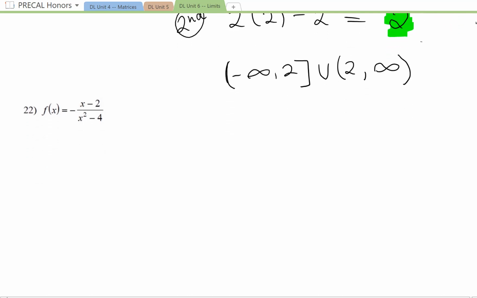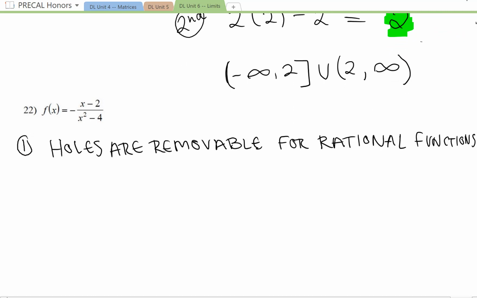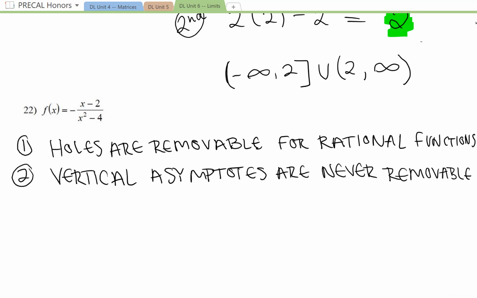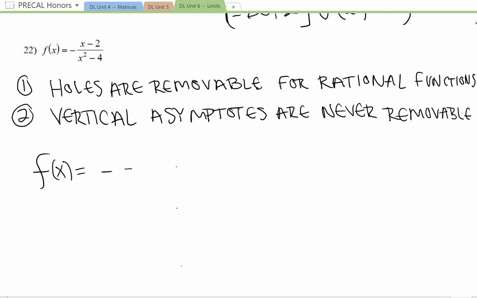For rational functions, there are 2 things we need to know. Number 1, holes are removable for rational functions, and 2, vertical asymptotes are never removable. To find the holes, we're going to factor.